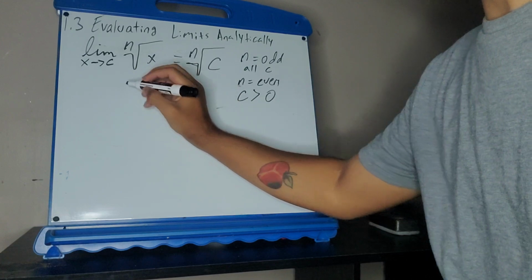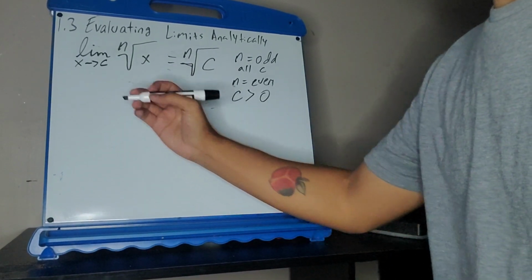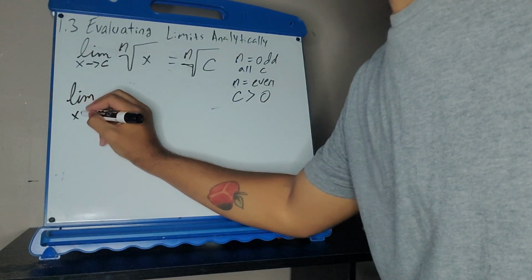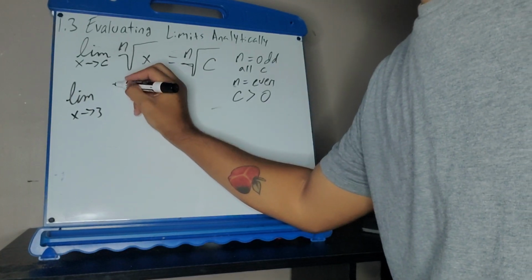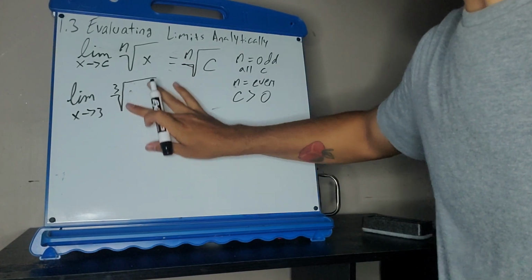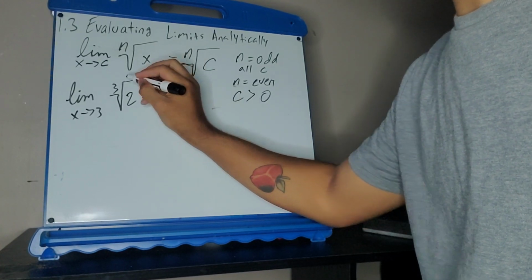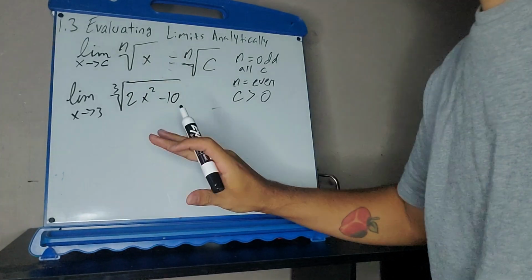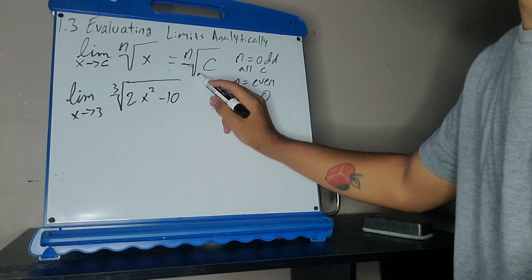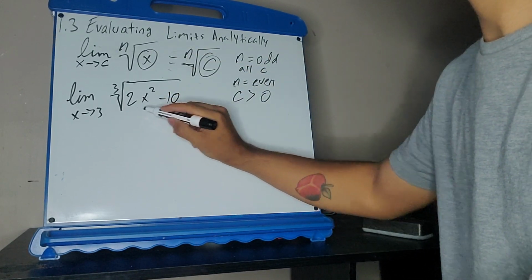And as we can see with this example presented in the slides provided, we'll have the limit as x approaches 3 of the radical of 2x squared minus 10. So when finding the limit of this, we can find the limit of just the function on the inside.